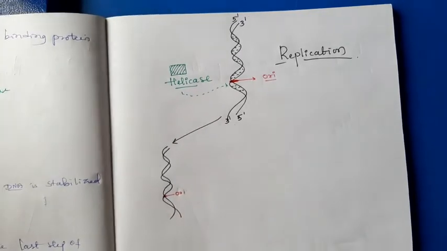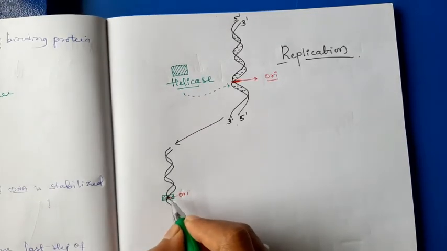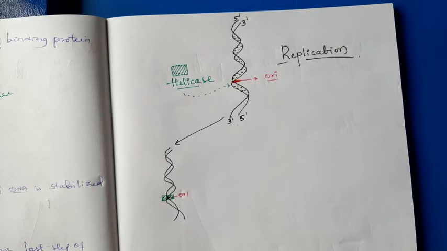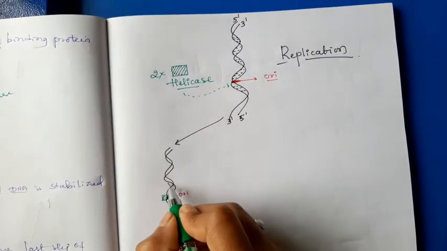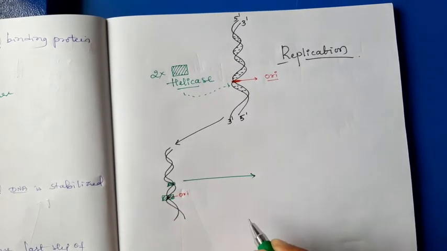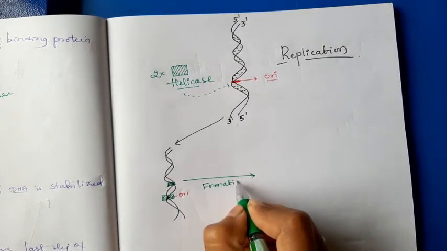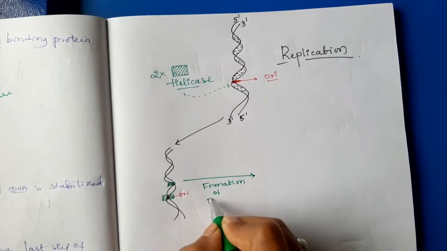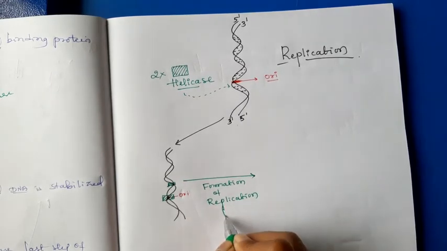ORI is recognized by the helicase. There is a requirement of two helicases. Two helicases bind with the DNA. After that there is a formation of the replication fork.